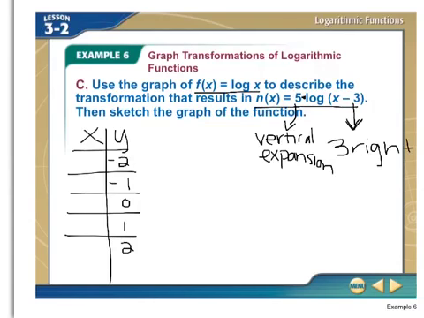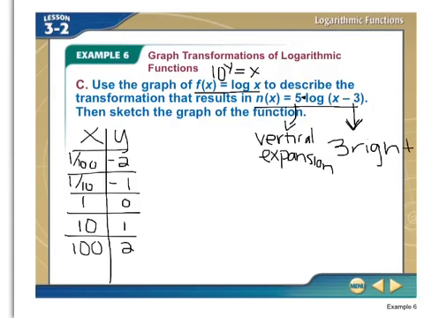We had -2 was 1/100th. -1 gave me 1/10th. 0 gave me 1. 1 gave me 10, and 2 gave me 100. Remember, the function log of x equals f of x really means 10 to the y power equals x.